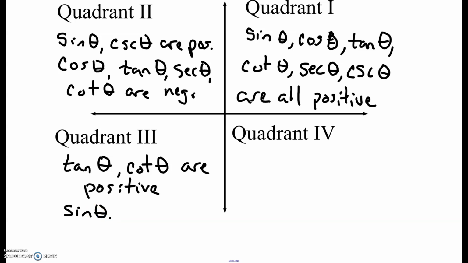Sine, cosine, secant, and cosecant are negative.